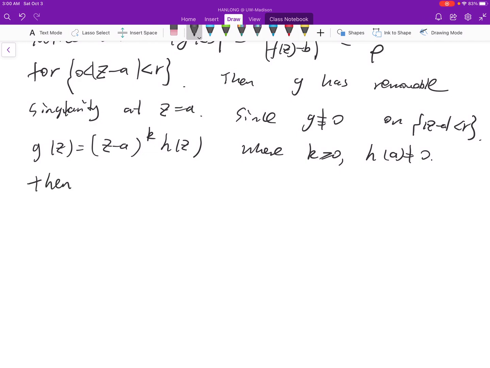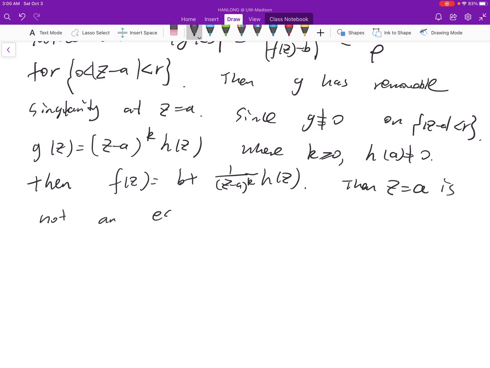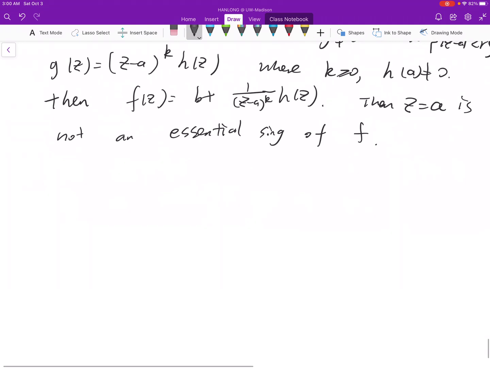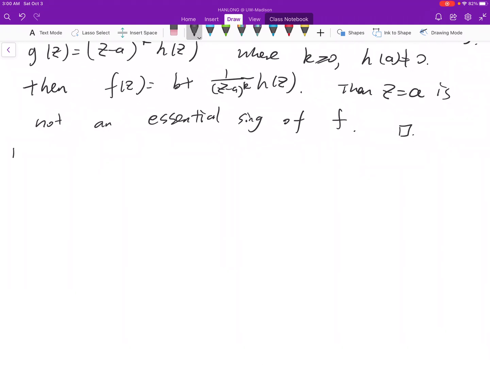Then f(z) can be solved as 1 over (z minus a)^k times h(z). Then a is not an essential singularity of f. We're done.